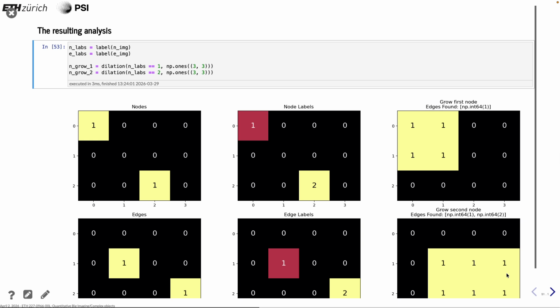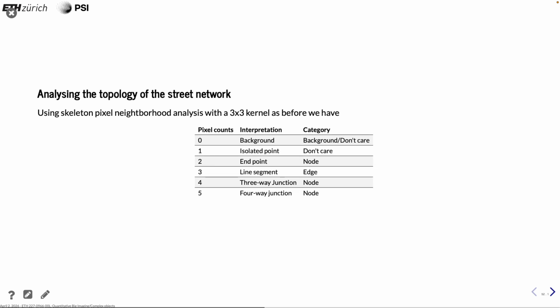And there is a clear overlap between those. So we make the connection saying that node 1 is connected with edge 1. If we go on, we would do the same thing with node 2 and edge 2, and then we will see how the things are connected.